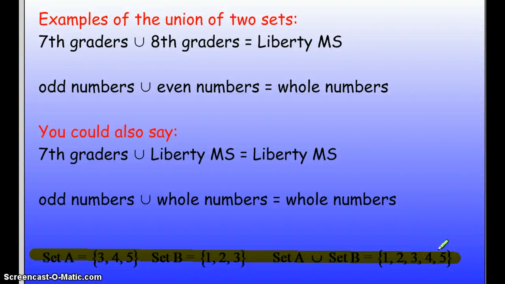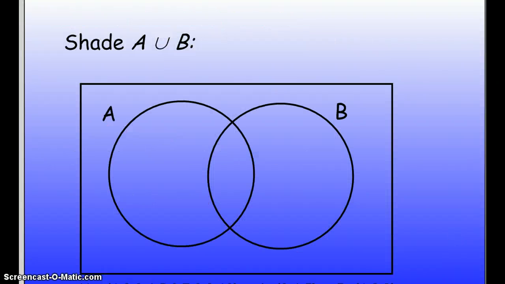You're taking all of one, all of the other, putting it together. Alright, on the shading, if you can draw your Venn diagram here, set A is this circle, set B is this circle. They did not label this big rectangle. This big rectangle would be the universal set, so label that because everything is contained in this universal set.